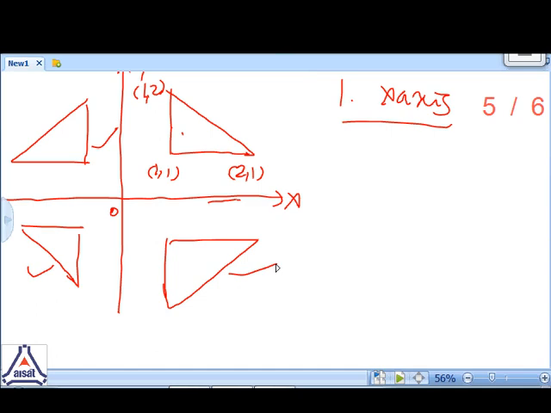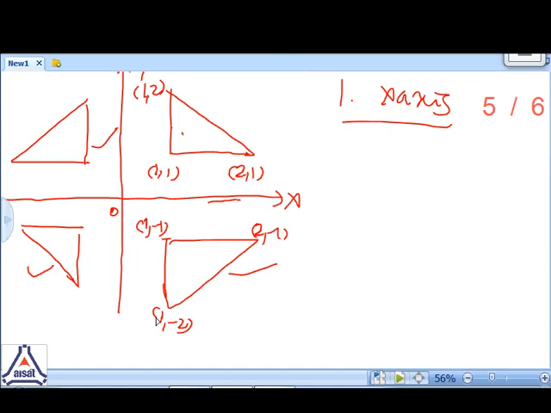Here the values are 1, minus 1, 2, minus 1, and 1, minus 2.